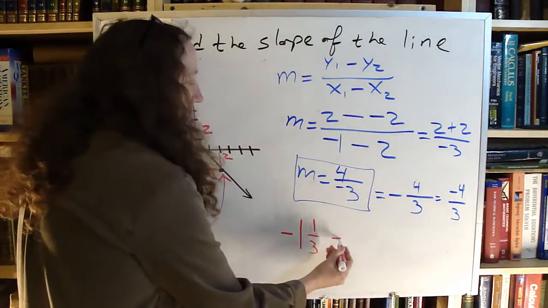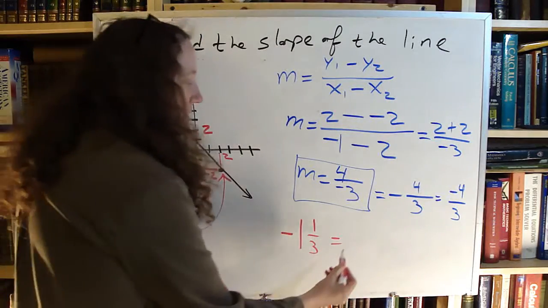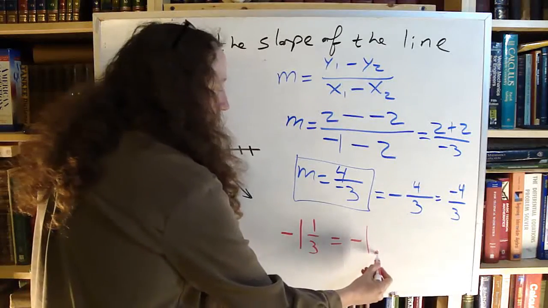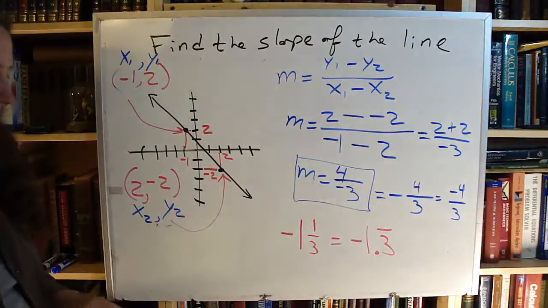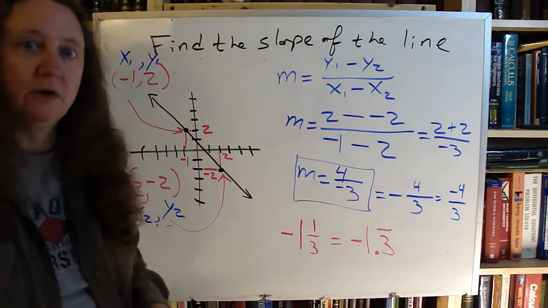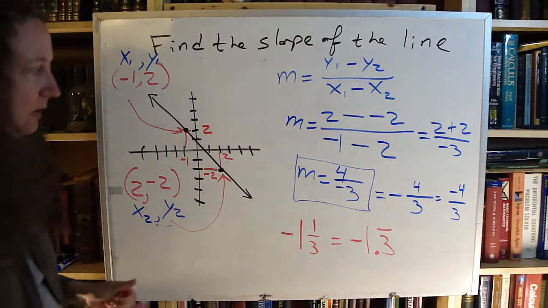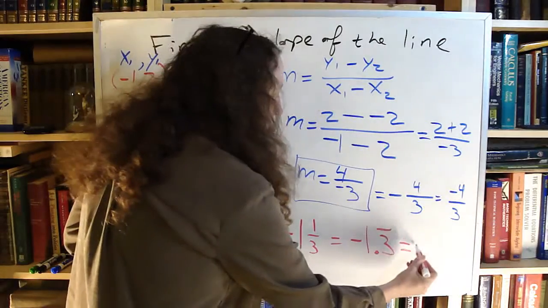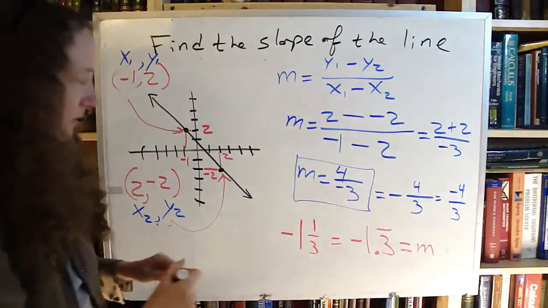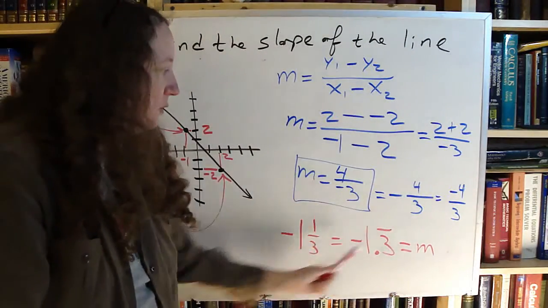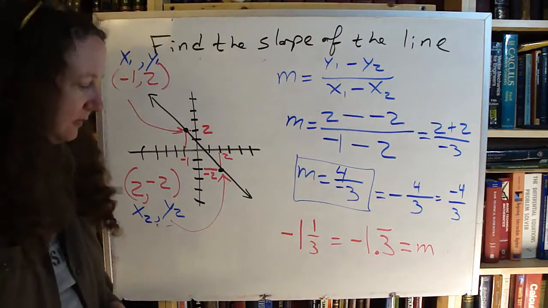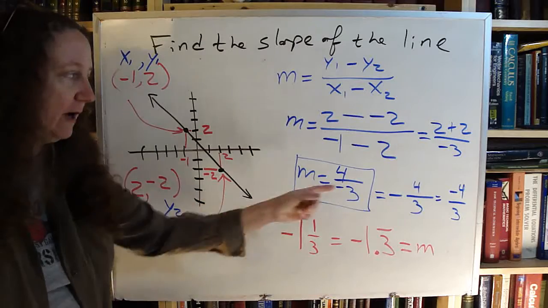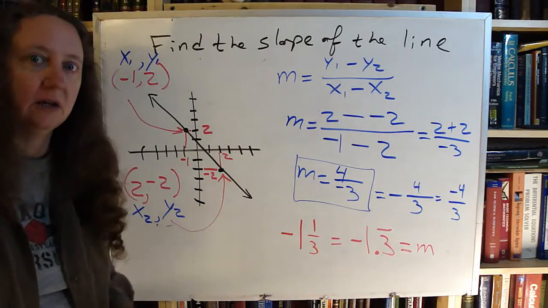If it asks for it as a decimal number, -1.3 with a repeating 3, or wherever it tells you to round it. So we have 1, 2, 3, 4, 5 different ways of correctly answering this problem. But all of those 5 numbers mean exactly that same thing.